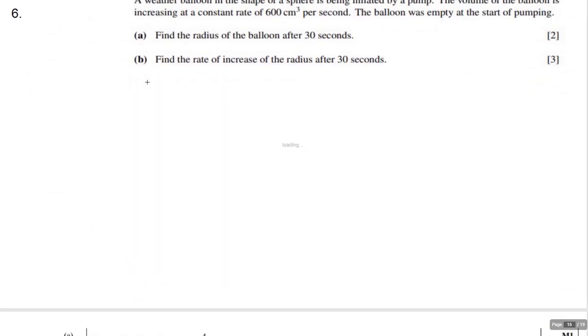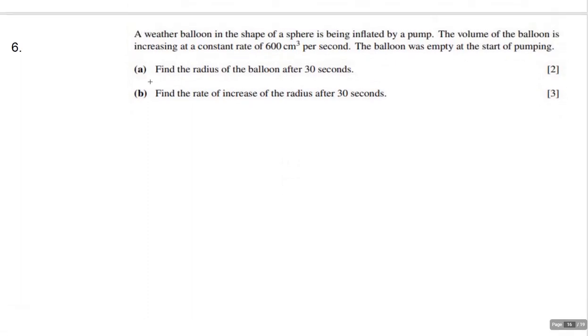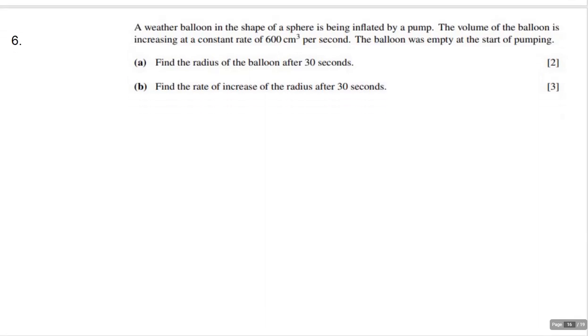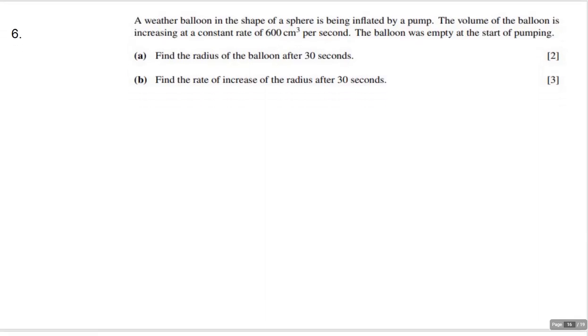And the last one we're going to do, I think, will be this one. Take a look here. This is a weather balloon, and it's in the shape of a sphere. I get asked all the time, what formulas do I need to know?